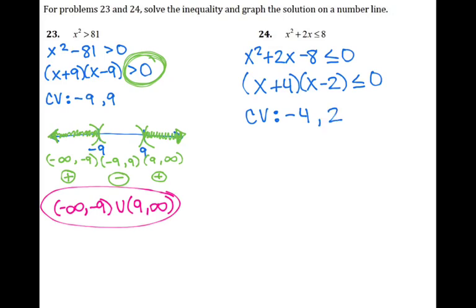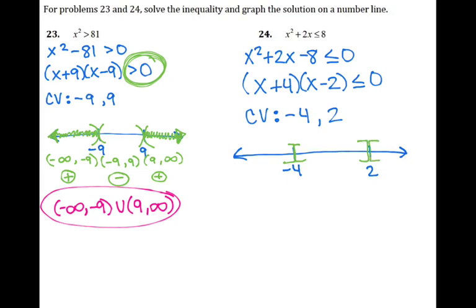So I'm going to set up my number line again. And I have my critter at -4 and my critter at 2. Now this says that it can equal 0, so at each one of those critical values, I'm going to go ahead and put a bracket instead of a parenthesis.